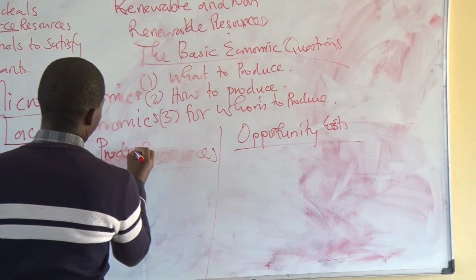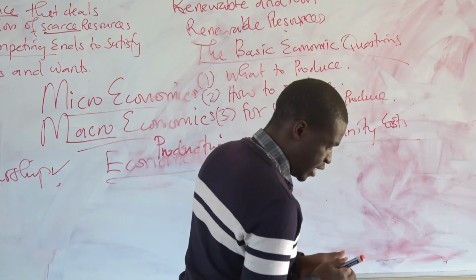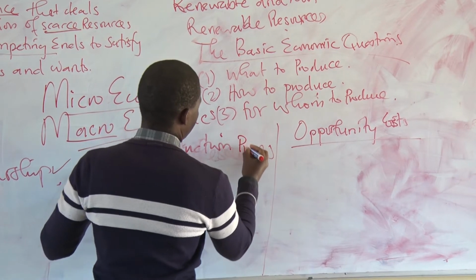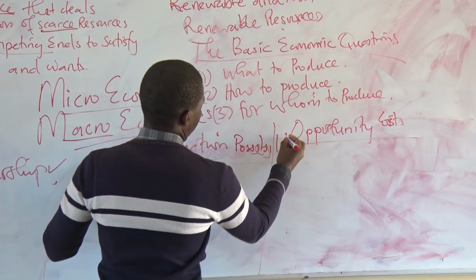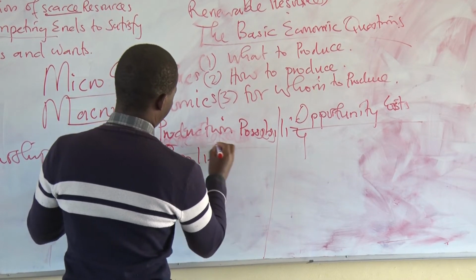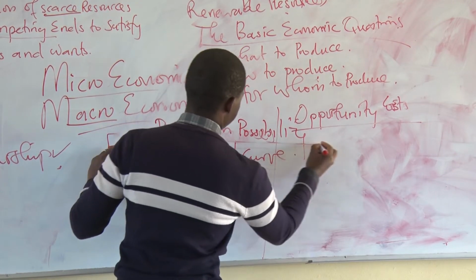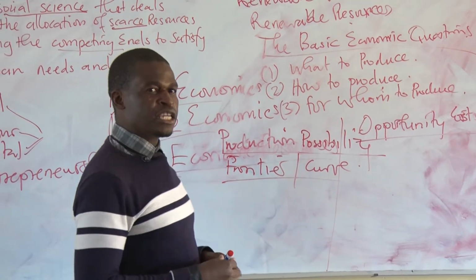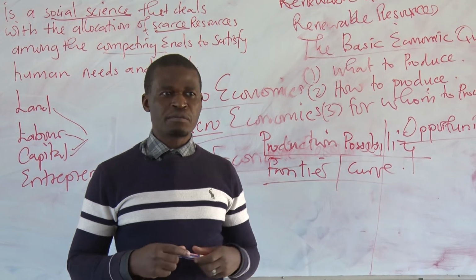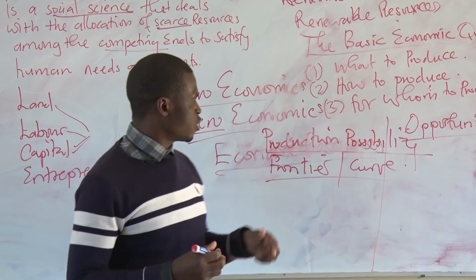This production possibility curve or frontier is a device or a graphical tool that helps us to analyze the process of scarcity and opportunity cost.